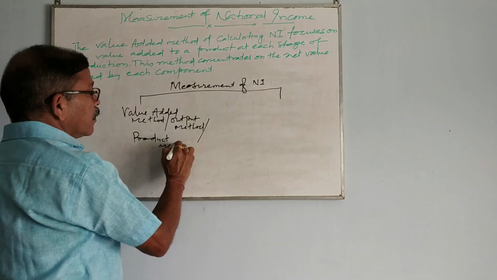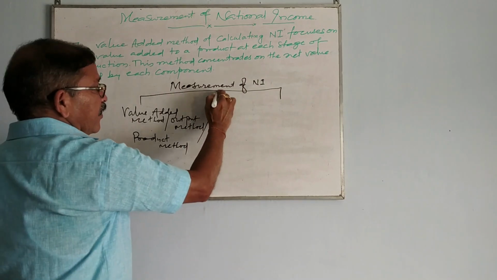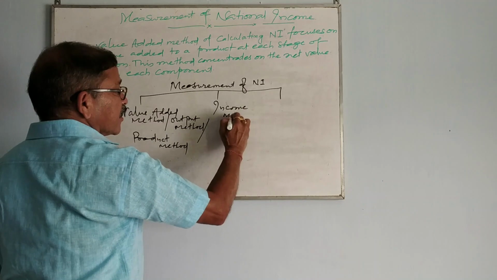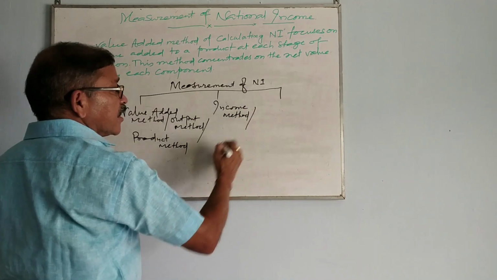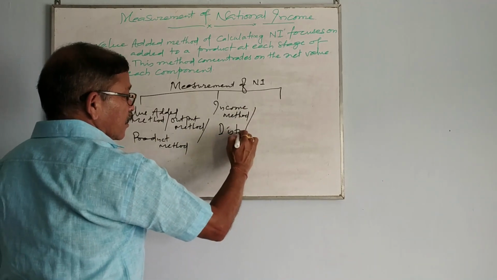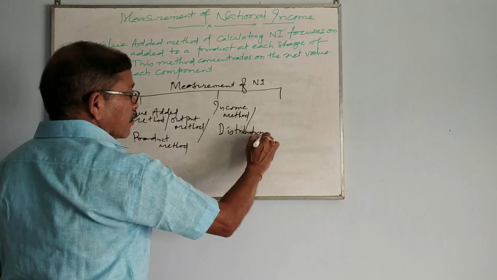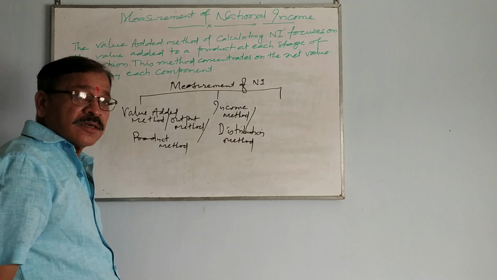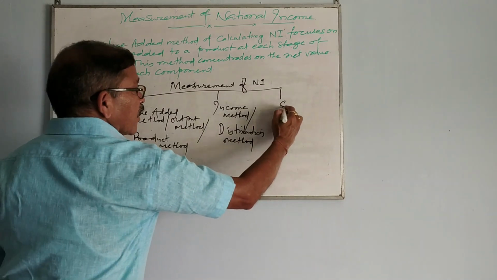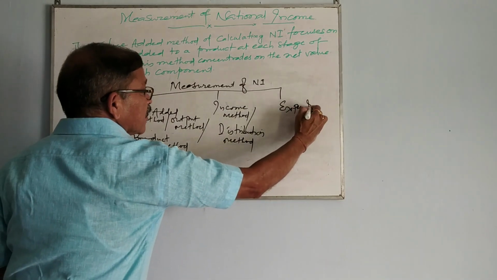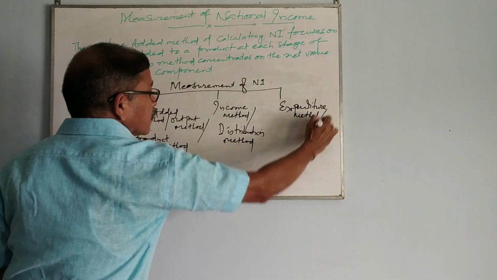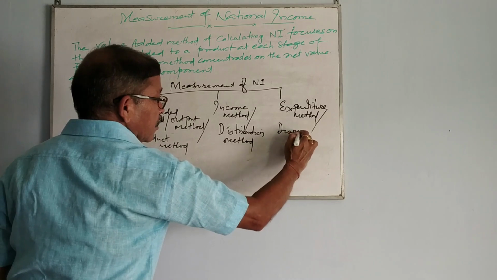Then we have income method, also known as distribution method. Another method is the expenditure method, also known as disposition method.